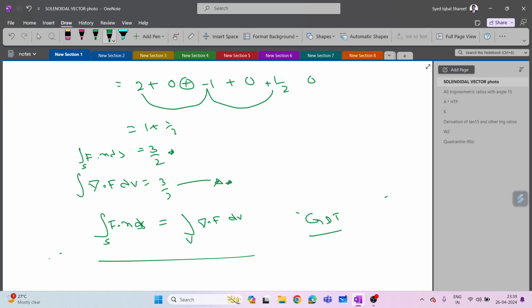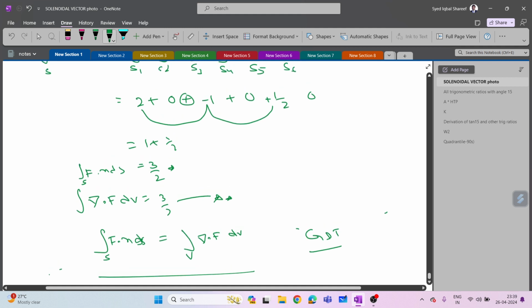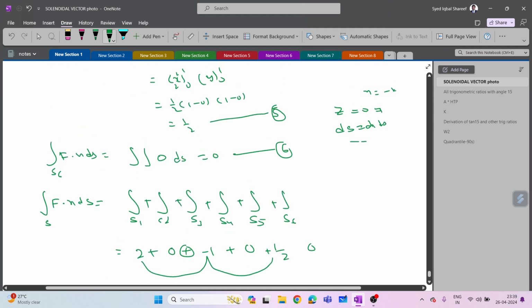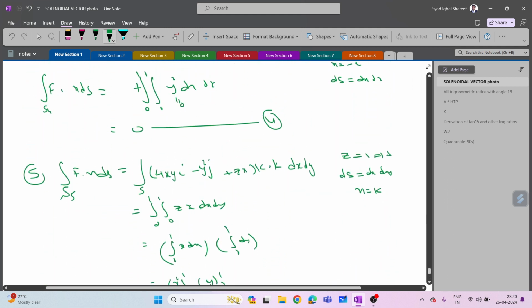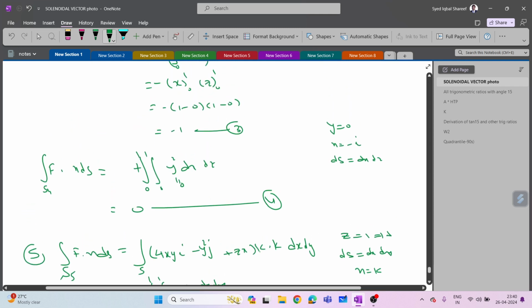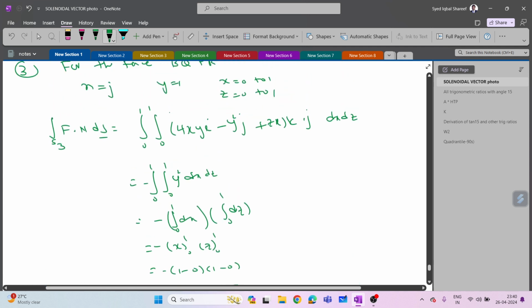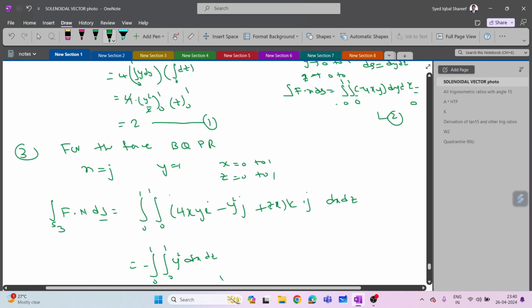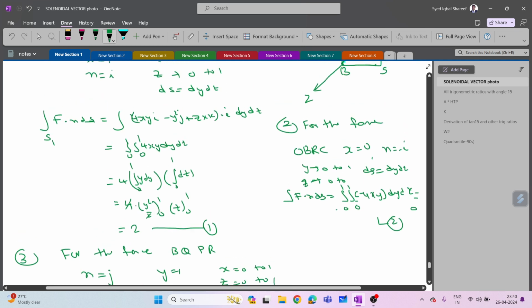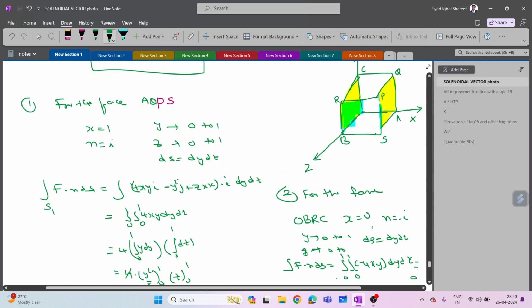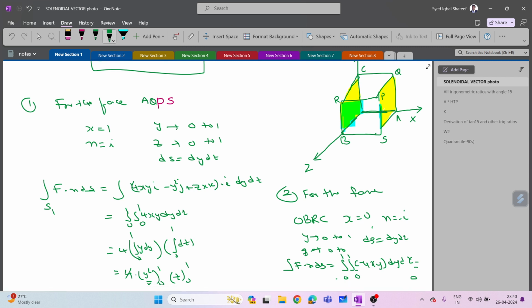You see here one thing about the diagram I want to show, so don't get confused. I think I did not make it clear while explaining. When we go to this one face, from here to here, x equal to 1. The face opposite to it has x equal to 0.